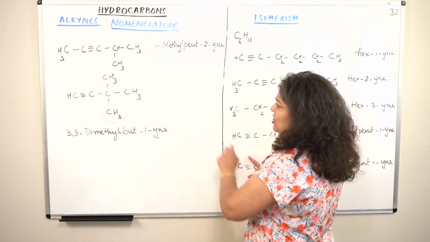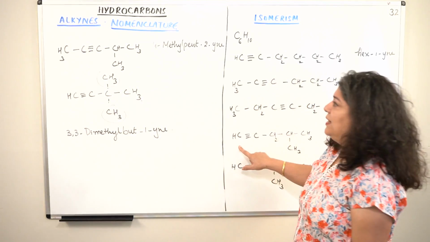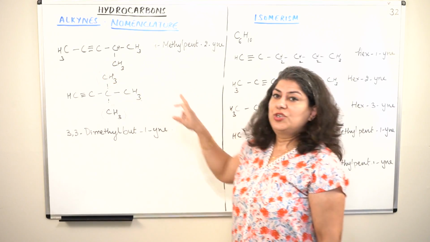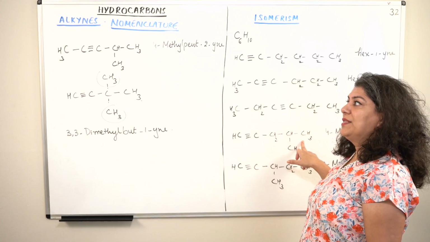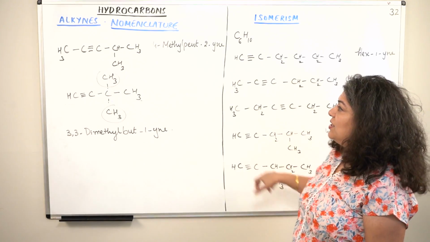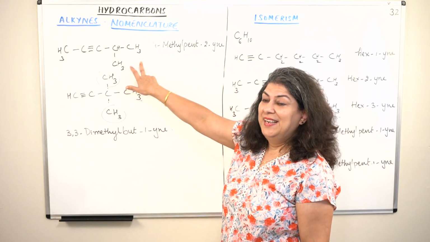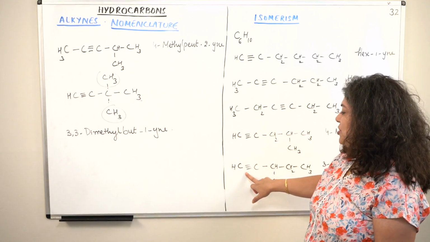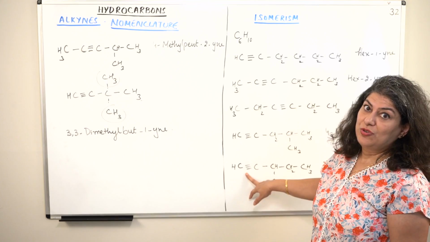If you relate this with this, again, it is a position isomer. Why? Because the position of the triple bond is different. The methyl group is the same. If you relate this with this, again the position of the methyl group is also different and the position of the triple bond is also different.